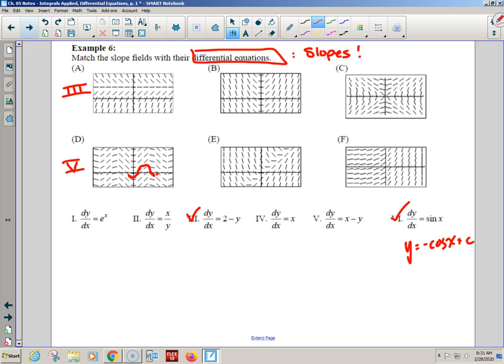This is the flow. Look at the tangents. And this is what happens when you look at the flow. You're looking at the flow, right?